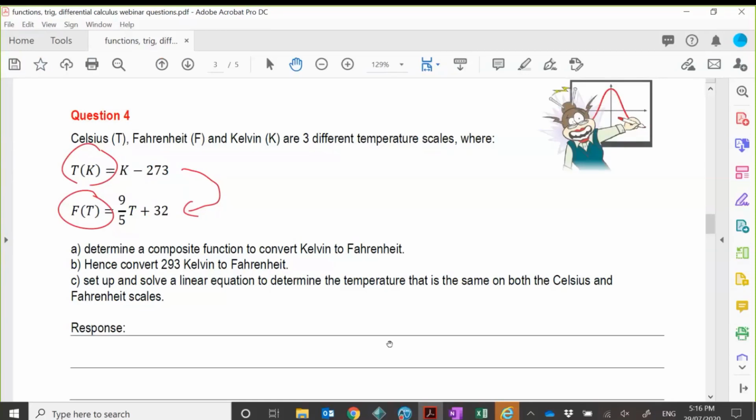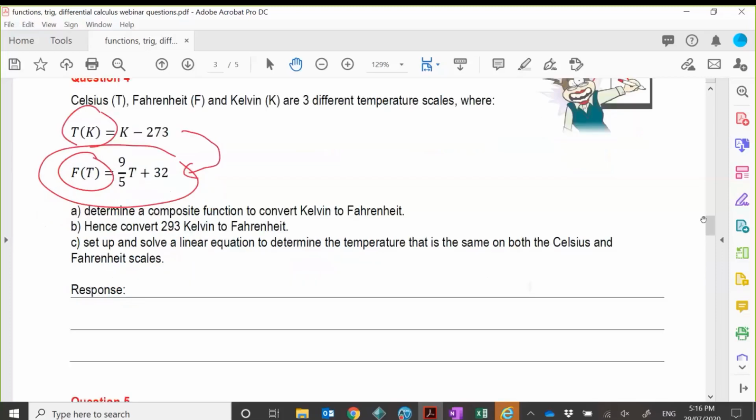Part C, set up and solve a linear equation to determine the temperature that is the same on both the Celsius and the Fahrenheit scales. So we're going to find the temperature that's the same on both of those scales. Now, have a look at your second equation that you've got here. That equation is the relationship between Fahrenheit and Celsius. We want them to be equal to each other.